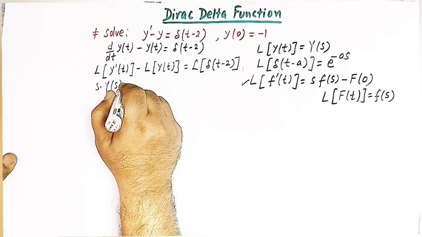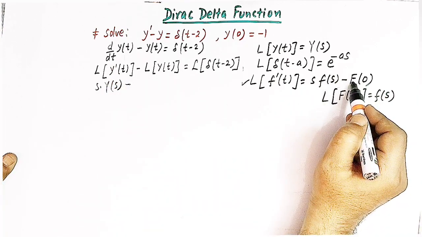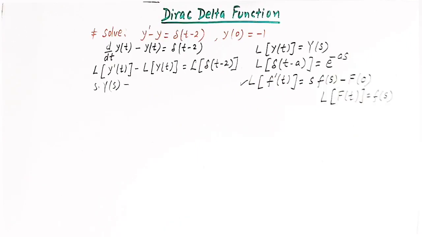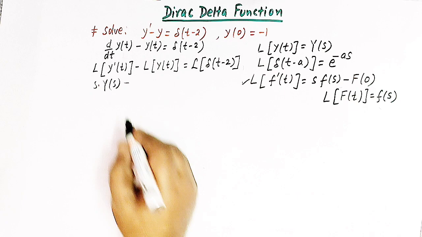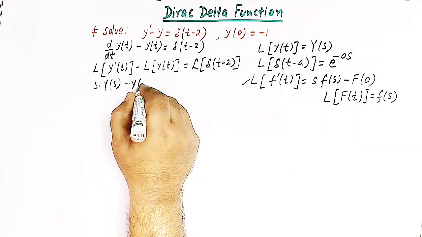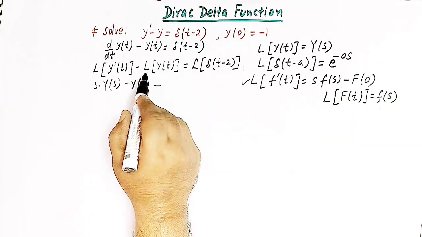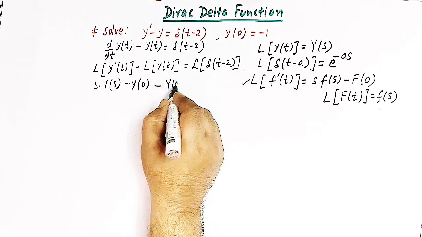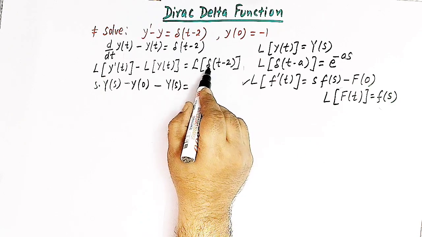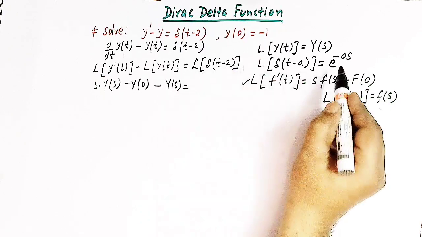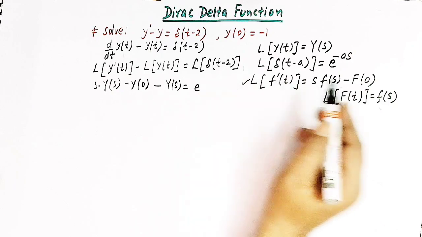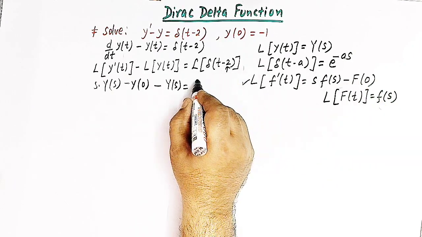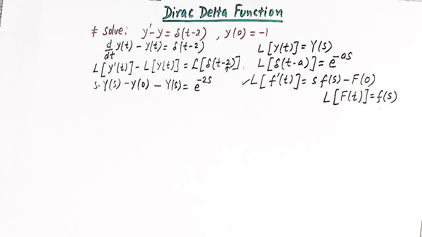And then we have here y of 0, because here we have f of 0. So we can write here y of 0, and the Laplace transform of y of t is Y of s, and here the Laplace transform of delta of t minus 2 is given by e raised to minus as, and here the value of a is 2, so we have e raised to minus 2s, right?